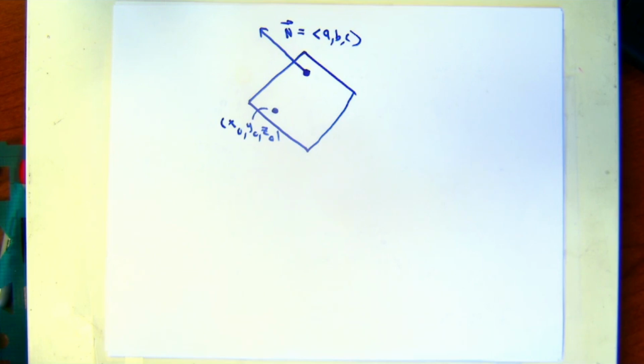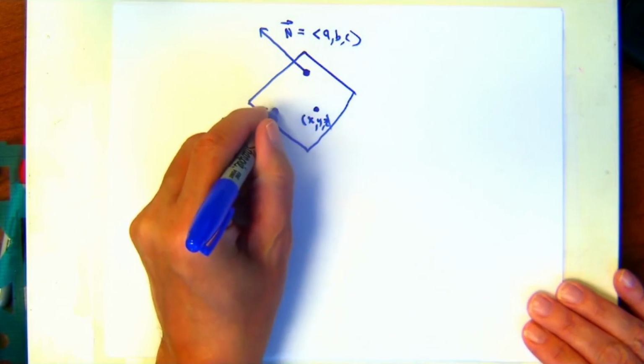I want to think about what kind of equation a plane would have to obey. Imagine that we take any other point that lies in the plane, other than the known x0, y0, z0 point, and I form the vector between these 2 points.